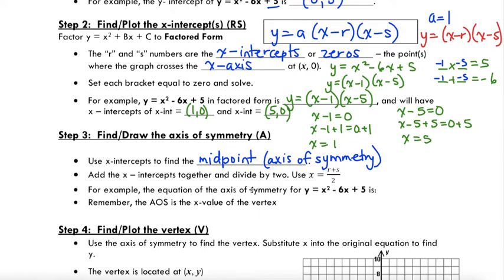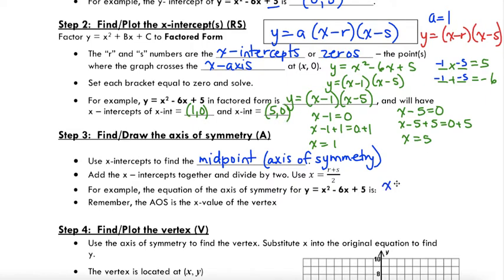So the way we do that is we use a formula, which is x equals (r plus s) divided by 2. So we're going to add our x-intercepts together, whatever they happen to be from that first step, and we're going to divide them by 2. So for our question, our x-intercepts were 1 and 5.